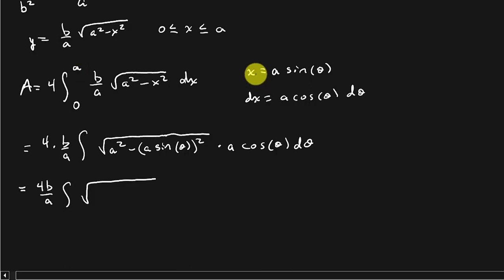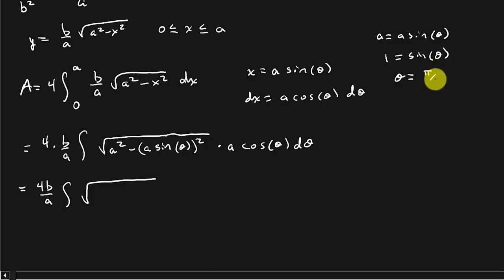Well, here we have x equal to a. If I plug a in for x, that gives me a equals a sine theta. Divide both sides by a, so sine theta is equal to 1. Well, when is sine theta 1?